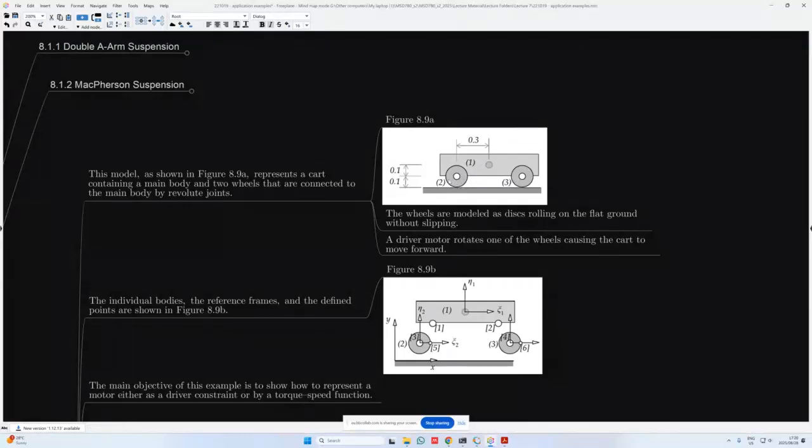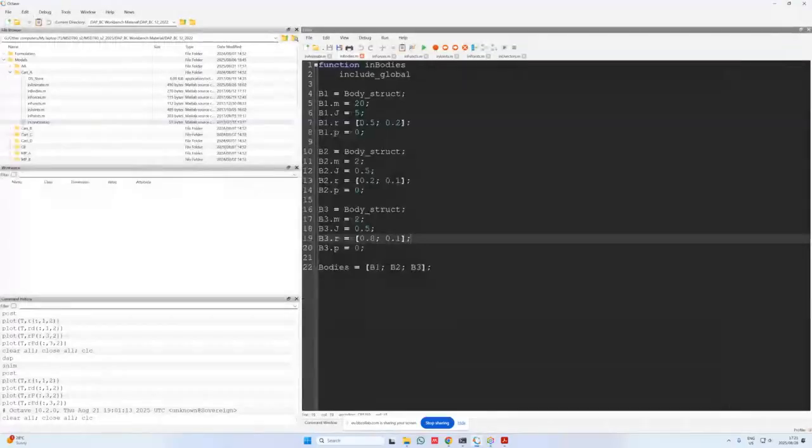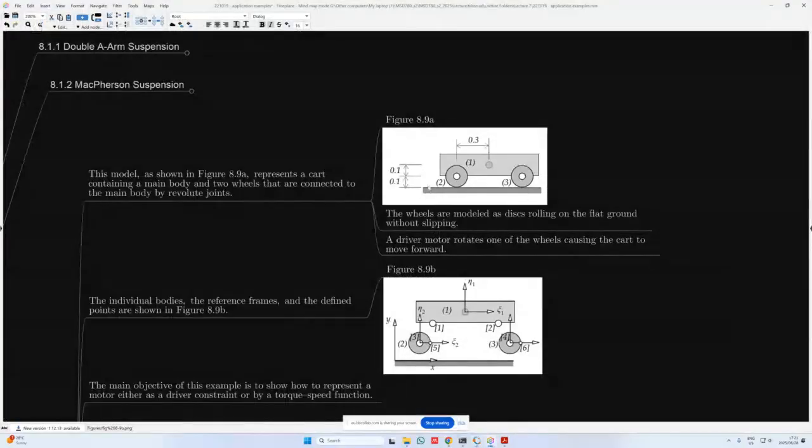If we look at body 1, its center of mass location in the x direction is going to be 0.2 plus 0.3, which gives us this 0.5 value that we have over here. In the y direction, we know that the coordinate system is situated on the contact surface. So the center of mass of body 1 is simply 0.2 meters above the x-axis.